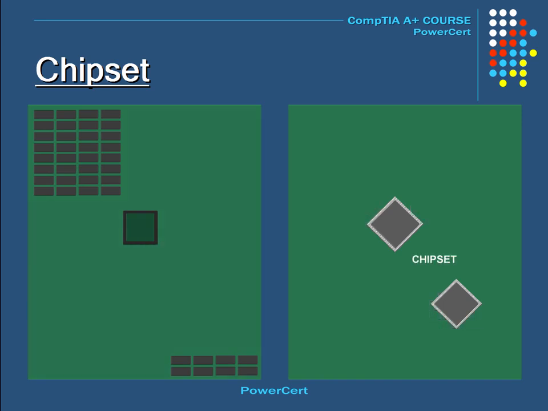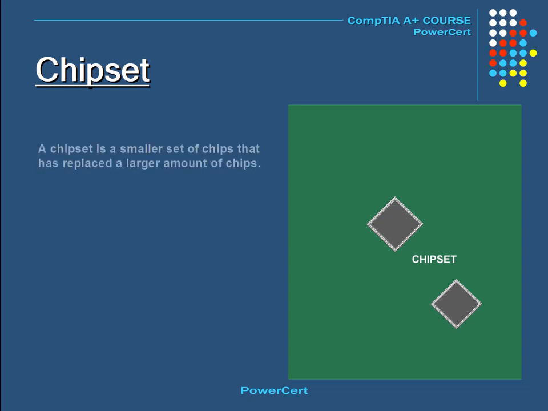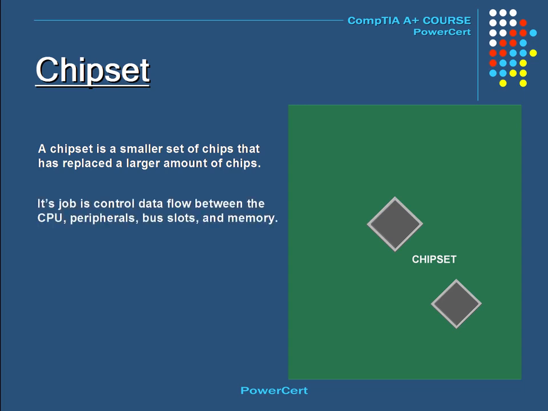And that's what a chipset is. A chipset is a smaller set of chips that has replaced a larger amount of chips. And the chipset's job is to control data flow between the CPU, the peripherals, bus slots, and memory. So all of the different parts of the computer communicate with the CPU through the chipset.